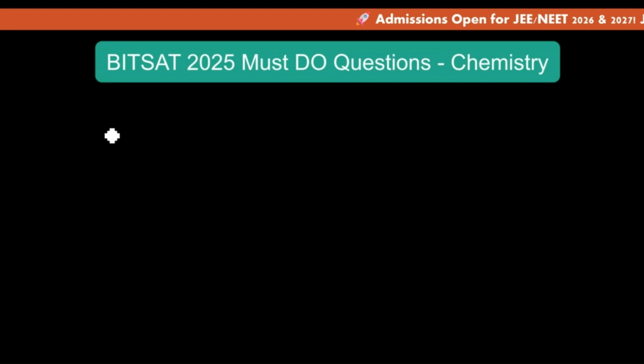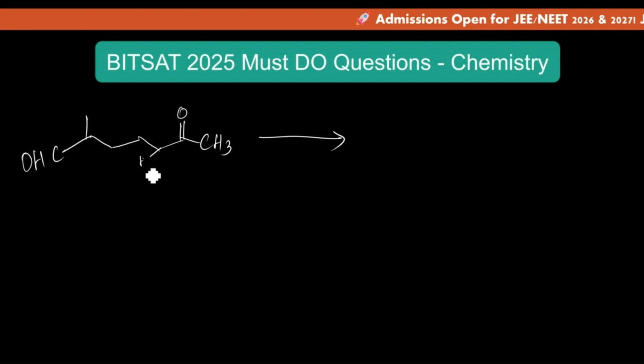Let me take the reactant first, which has a CHO group, and on the other side another carbonyl group, CH3CO. Now as a first step, what will that do? Enolate formation, correct? At the alpha position I have hydrogens, so that will get removed to form an enolate.